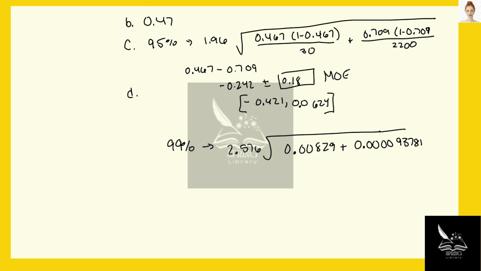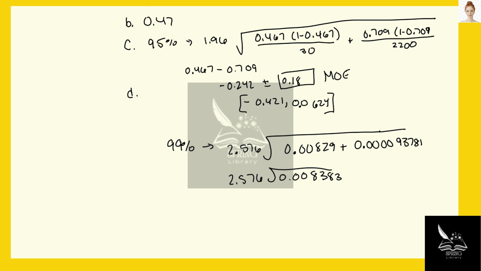Then I have 2.576 times the square root of 0.00829 plus 0.000093781, and that's 0.00838.